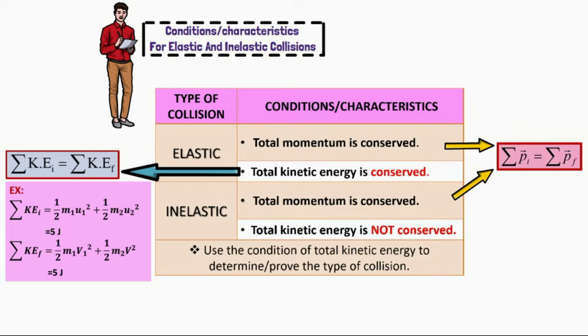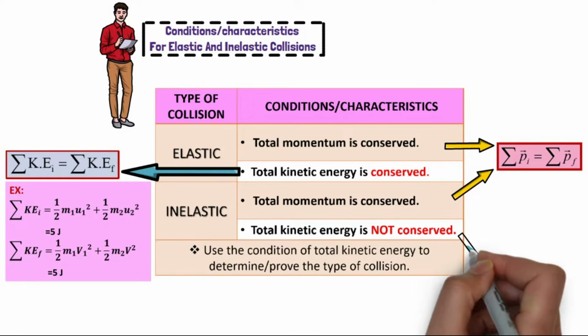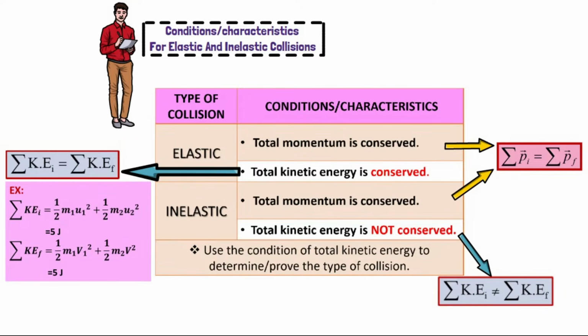Jadi, kedua-dua nilai total kinetic energy initial equal to total kinetic energy final. So, kita boleh kata collision itu adalah elastic collision. Tapi, kalau kita kira total kinetic energy initial is not equal to total kinetic energy final, so the type of the collision is inelastic collision. Boleh?